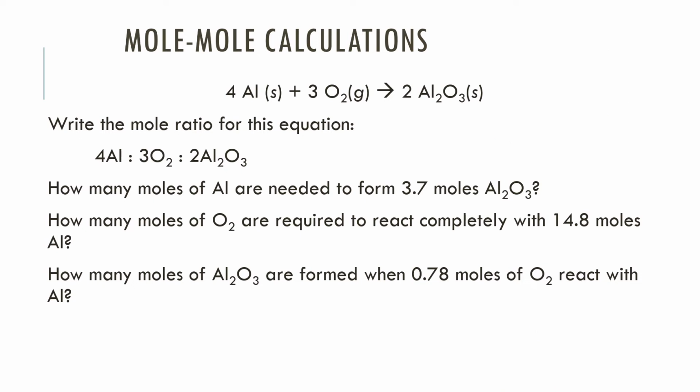The next question is asking us how many moles of oxygen are required to react completely with 14.8 moles of aluminium. Once again, we go back to our balanced chemical equation and determine what our molar ratio is, and we know that for every 3 moles of oxygen, we need 4 moles of aluminium.